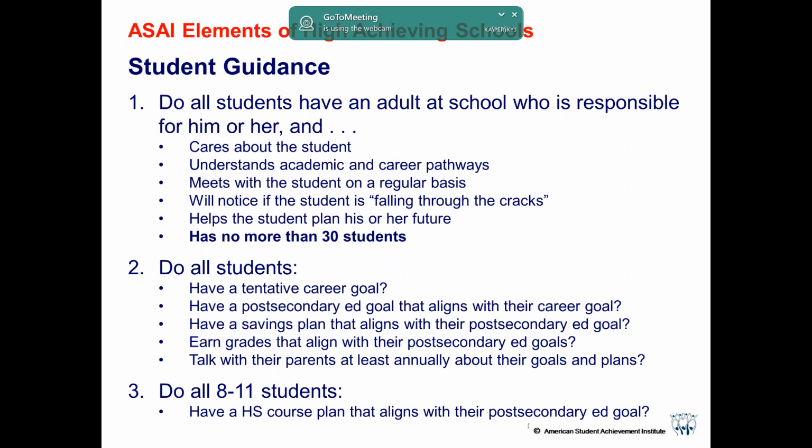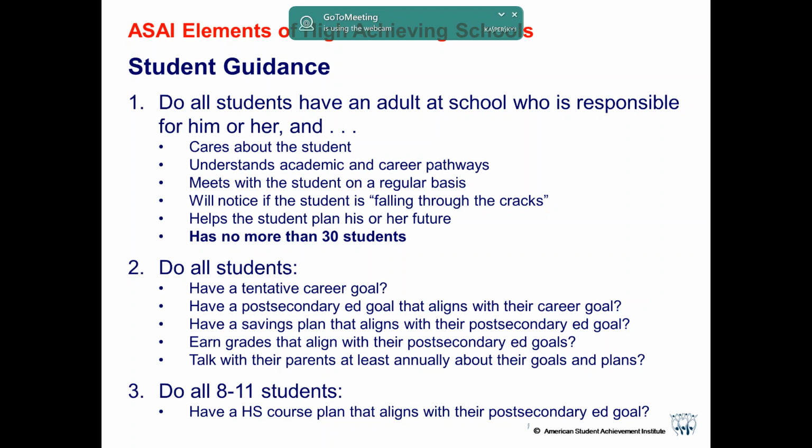I wouldn't go over 1 to 30. And that means that those mentors in the students' lives, the advisors, are working hand in hand with the school counselor, so that we're working together to be able to support students.